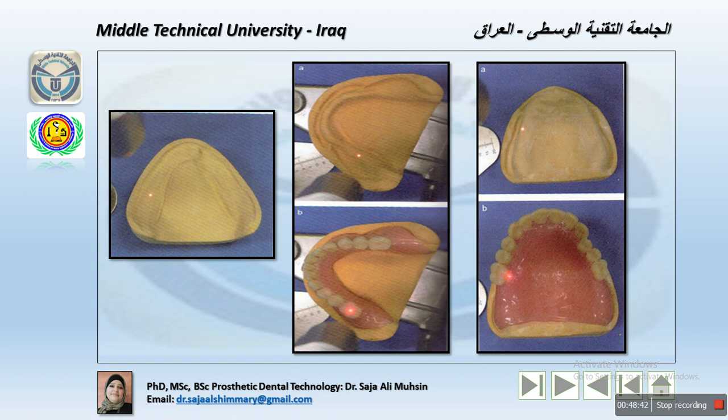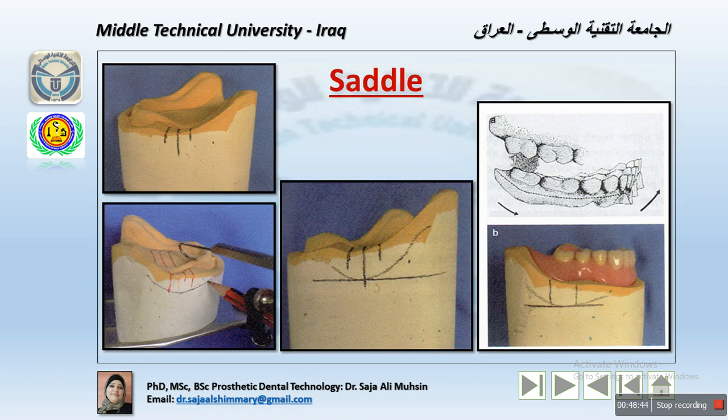Okay, now we have the saddles as well. To achieve a stable denture, the occlusal force should be transmitted at 90 degrees to the alveolar ridge, and the primary masticatory teeth should be located in the deepest part of the alveolar ridge.